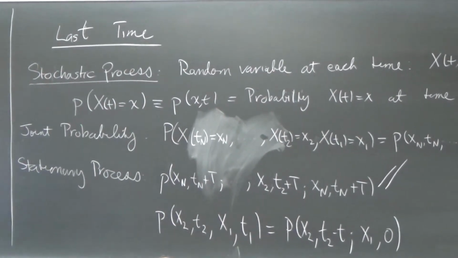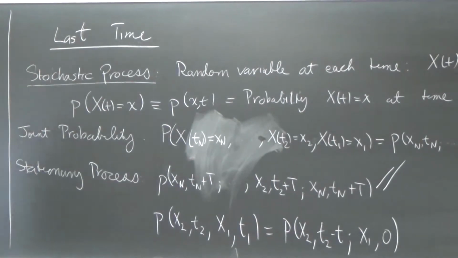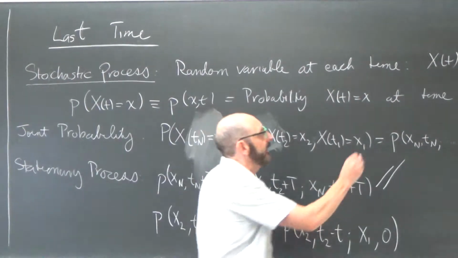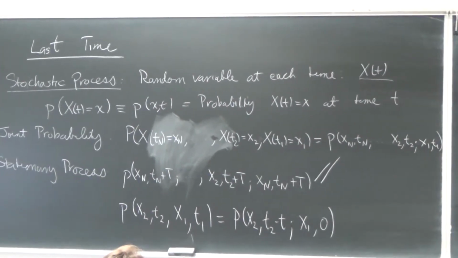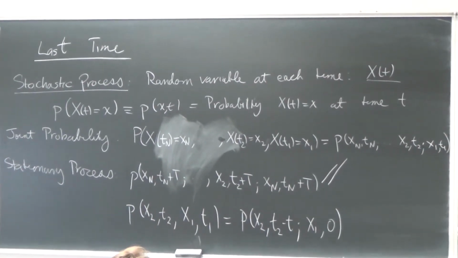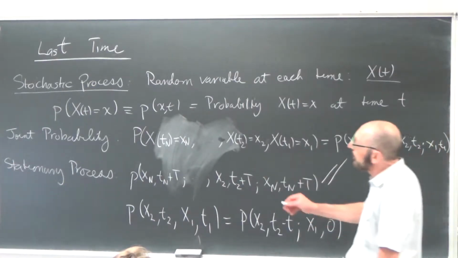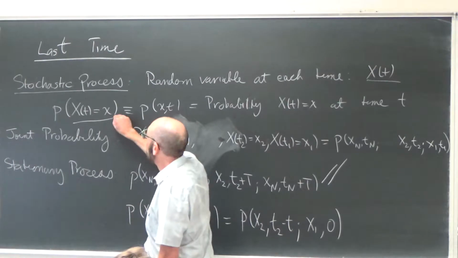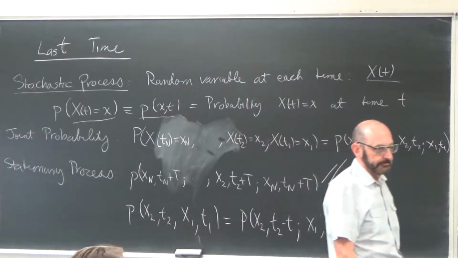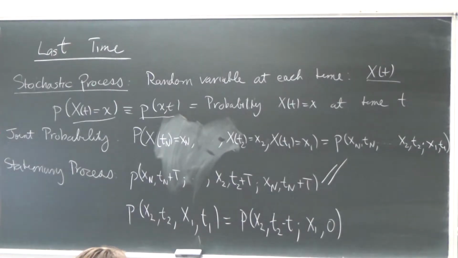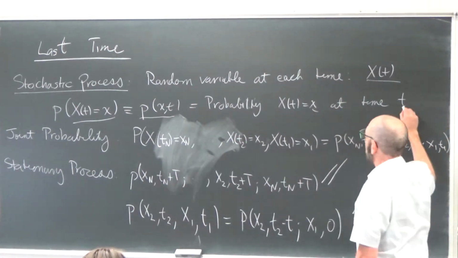So we mathematically have a random variable at each time t, and that random variable is sampled from some probability distribution. One of the outcomes occurs with some probability, and typically we would write that as such. It's the probability that this variable takes on the value x at this time.